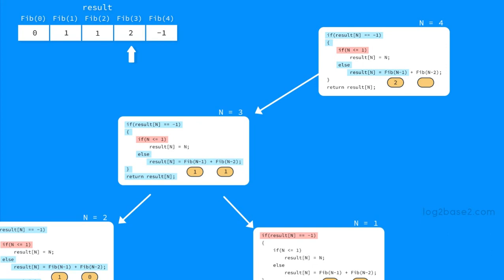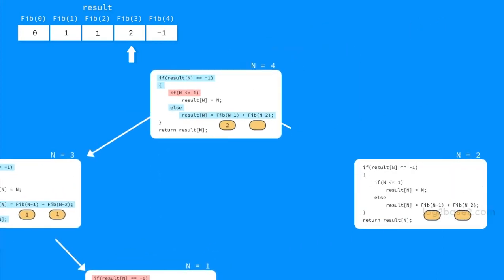Now the second call fib of n-2, that is fib of 2, is called. Here first we check if result of n is -1 but it is not, which means this sub-problem is already solved. So we can just visit the array and the already solved result will be returned. This will save a lot of time and space in computing the result.